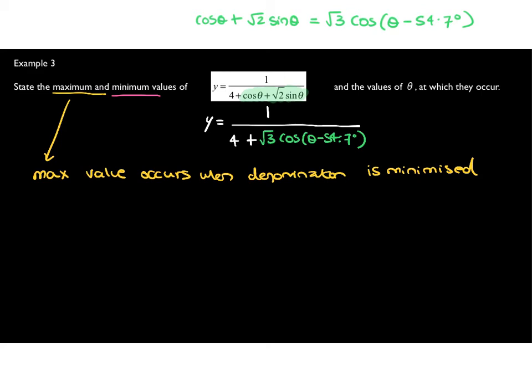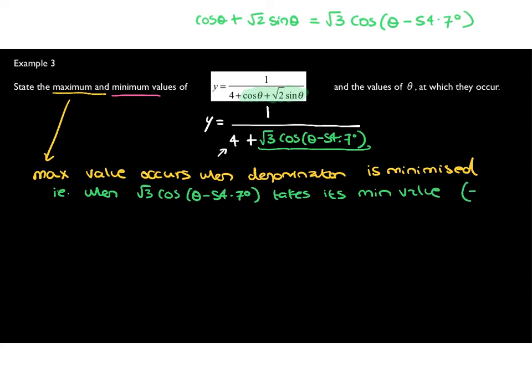Now, that's going to happen when the green part, this part here, takes its lowest value, because there's nothing we can do about this 4 here, that's going to permanently be there. So all we can control is the green part. Now, that occurs when √3 cos(theta minus 54.7 degrees) takes its minimum value. And we know that that minimum value is negative √3.